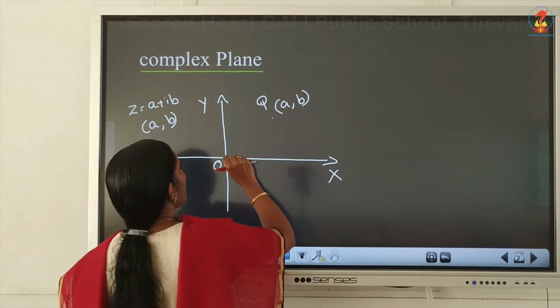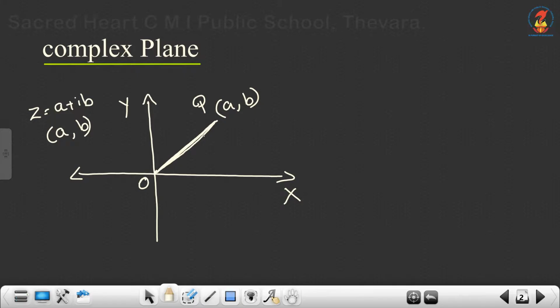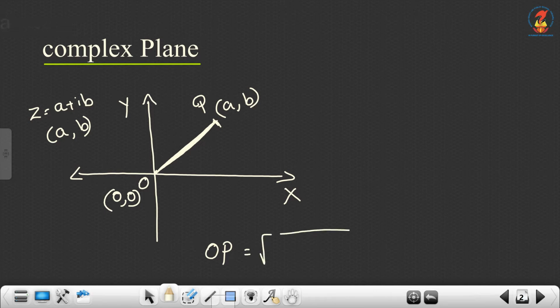Then if I join OP, we know that this OP means the distance between O and P. O means the origin 0, 0. So what is the distance between O and P? OP is equal to root of x2 minus x1 whole square plus y2 minus y1 whole square, that is root of a square plus b square.